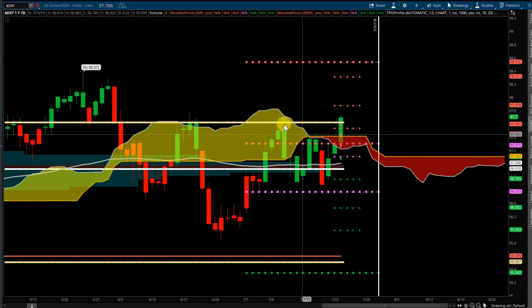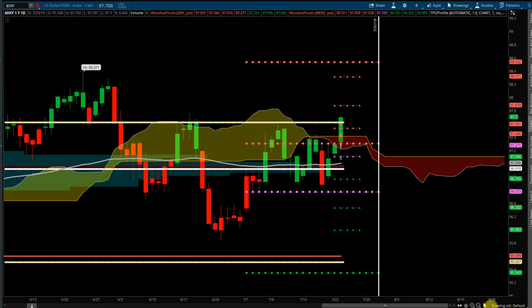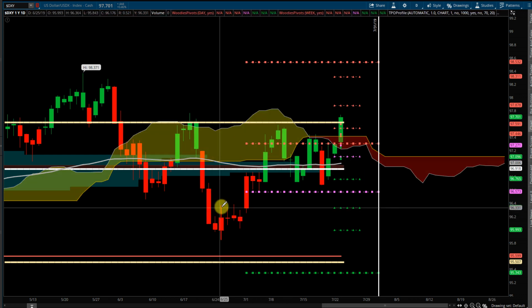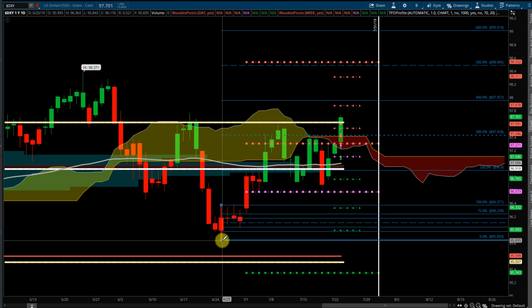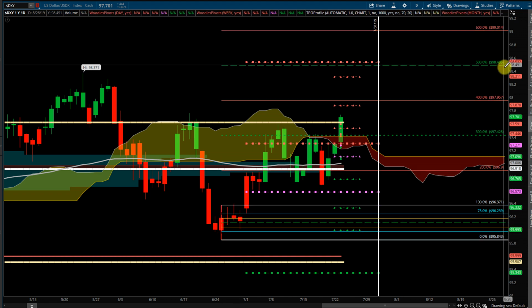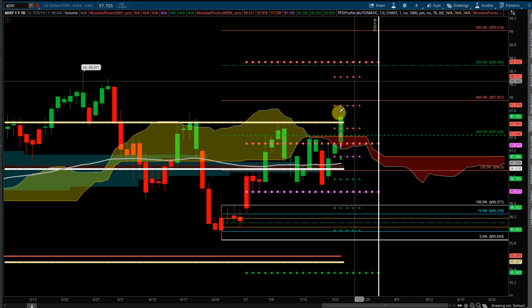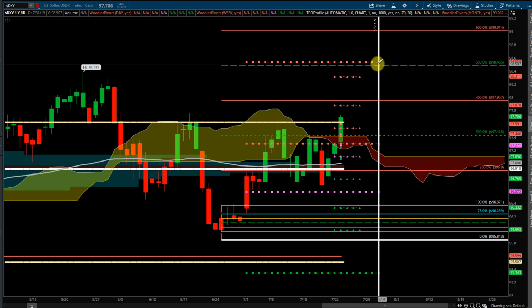I know there's some other ways to calculate possible targets. I don't have those tools here. Maybe we could do this. The 500% is at 98.48. So that could be a place where it could keep going and then just kind of stall up here.